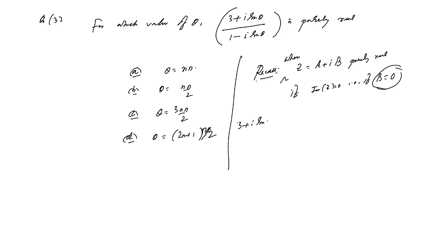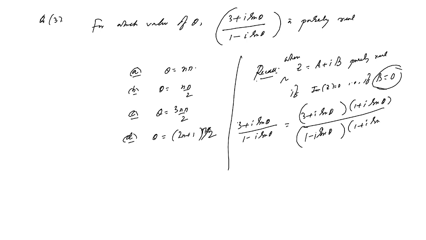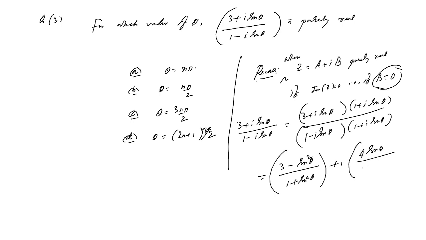We multiply numerator and denominator by (1 plus i sin theta). So this will be (3 minus sin square theta) by (1 plus sin square theta) plus i 4 sin theta by (1 plus sin square theta).